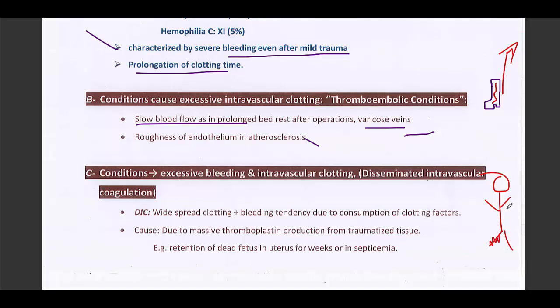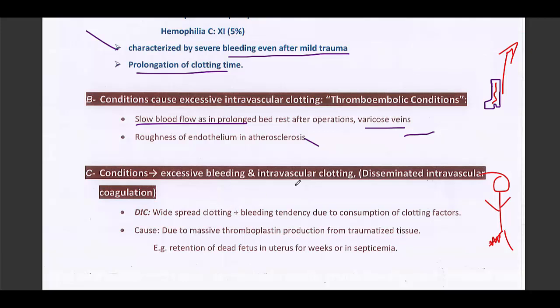We will, inshallah, discuss the reasons or causes. The main body doesn't have platelets to make a clot, and inside his leg a huge number of platelets make a thrombus. That's it.